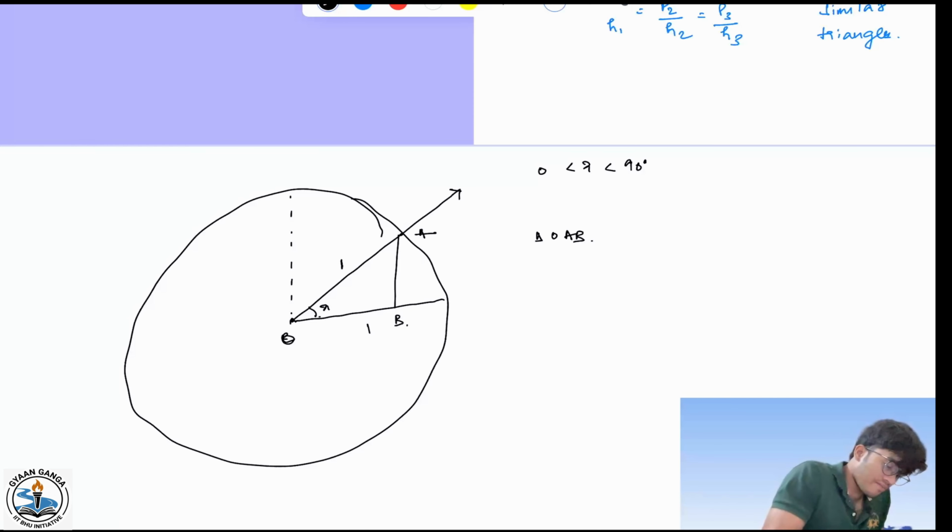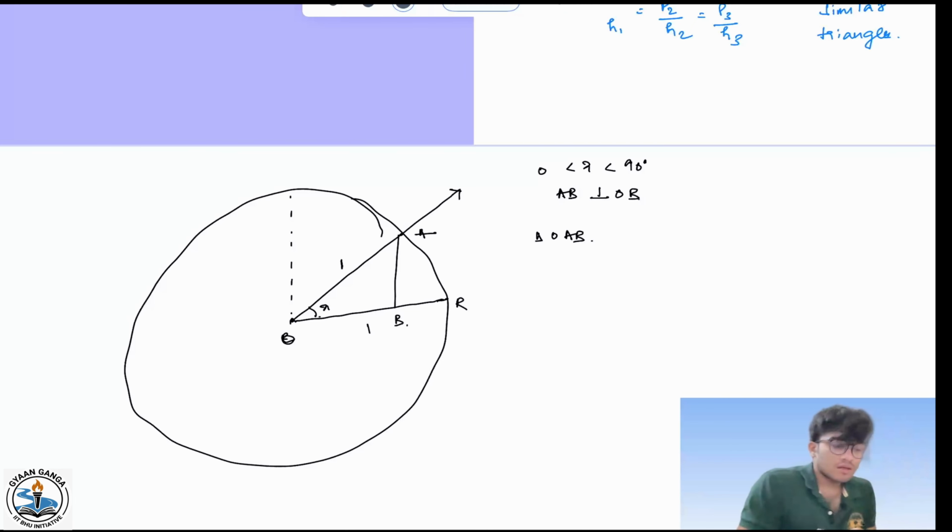And obviously AB is perpendicular to OB, so this is R.